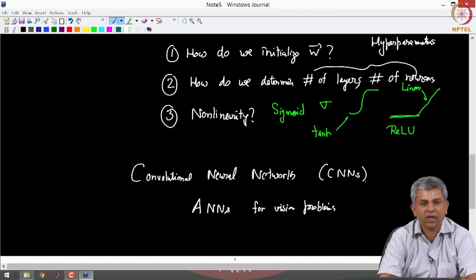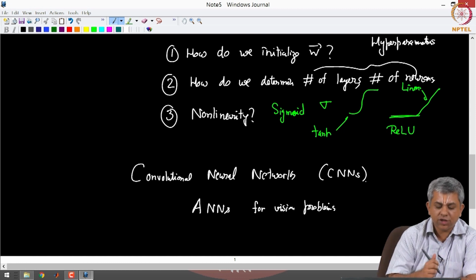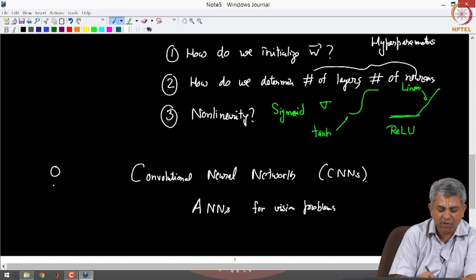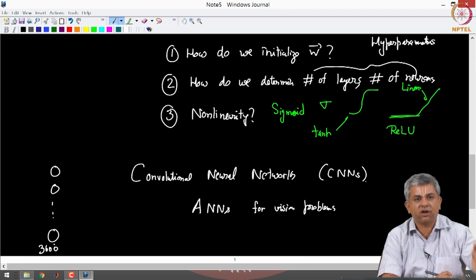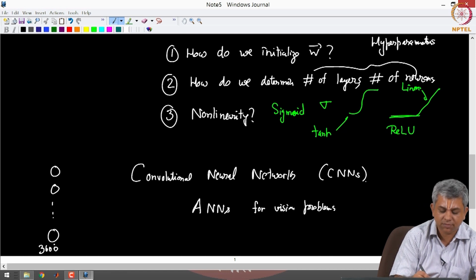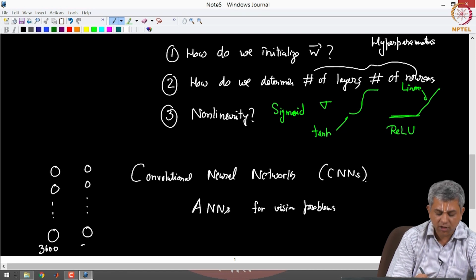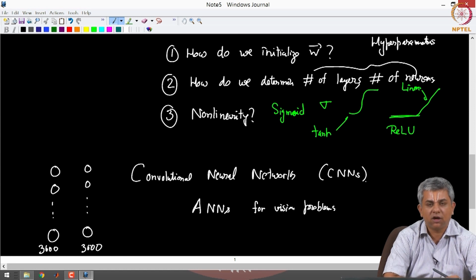Is there any problem with ANNs that we cannot use them for vision problems? No, not really. The only issue is that, let us take my favorite example, that of a 60 cross 60 image. Let us say you have 3600 features, this is just linear features, and suppose you have 3600 in the next layer also.